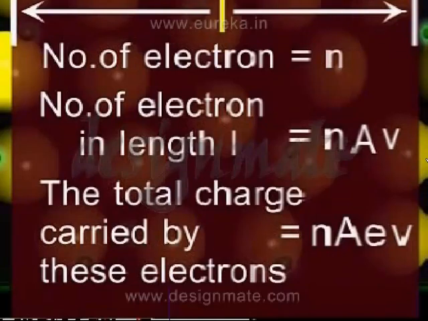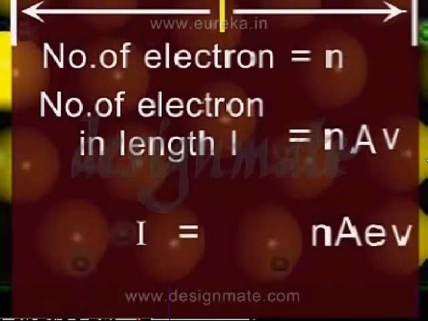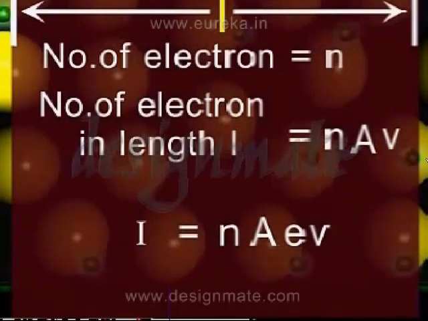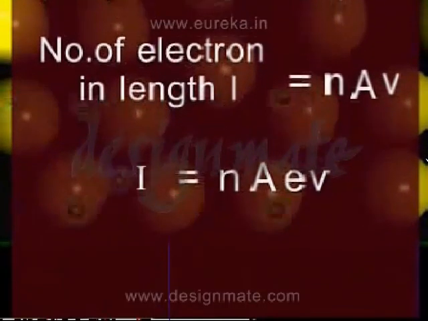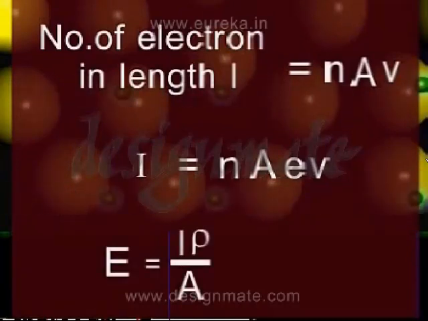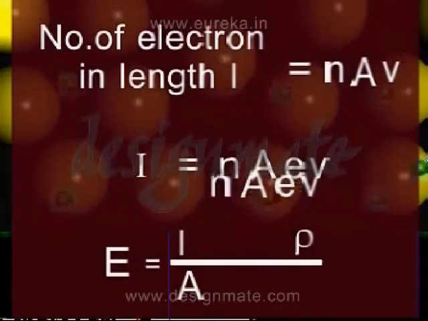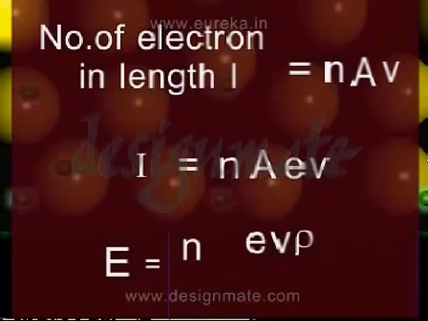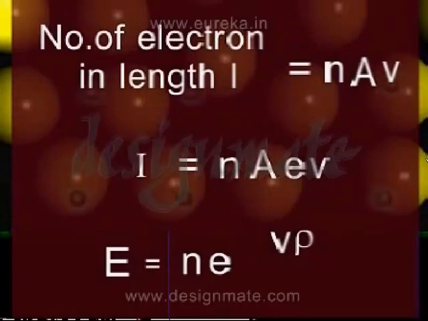This amount of charge passes across any cross-section of the conductor per unit time. Therefore, the current is I is equal to n into A into e into v. Using this result in the equation, E is equal to n into A into e into v into rho upon A, that is equal to n into e into v into rho.